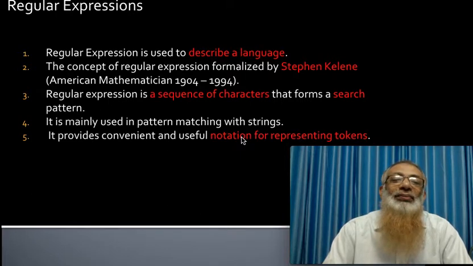Here, the emphasis will be only on how the sentence is formed and what are all the keywords and what are all the other requirements of a sentence in the language. For this, a regular expression is used to describe a language.